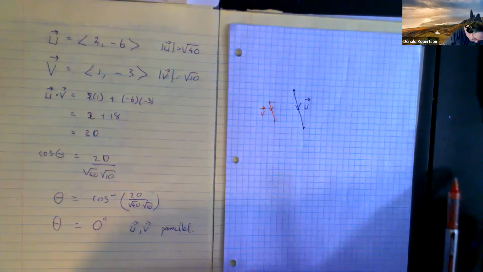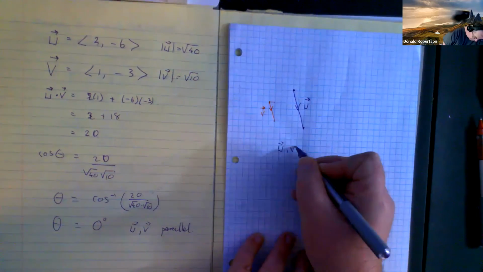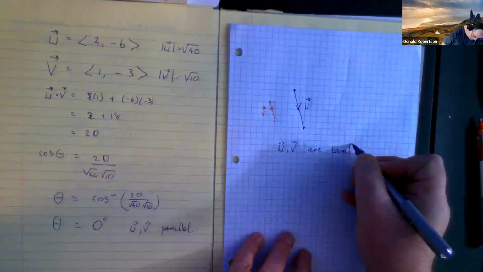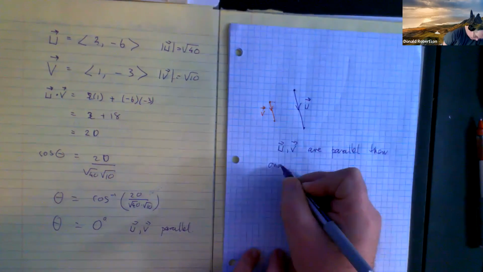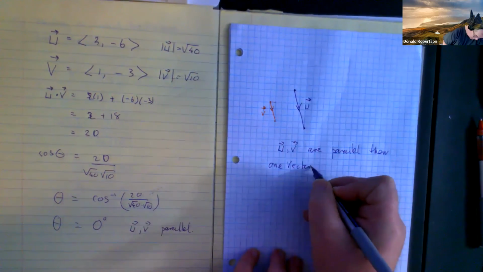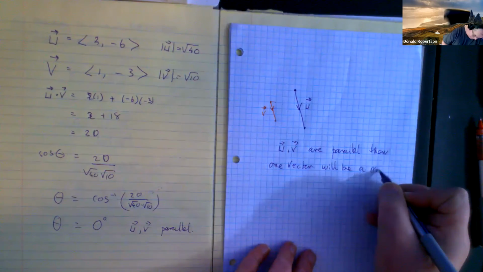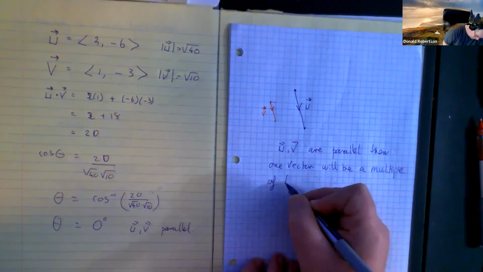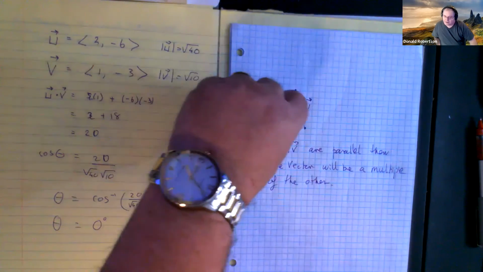Here's another way to check. If two vectors are parallel, then one vector will be a multiple of the other. Would you agree if they're parallel, isn't this one just 2 times that kind of thing?